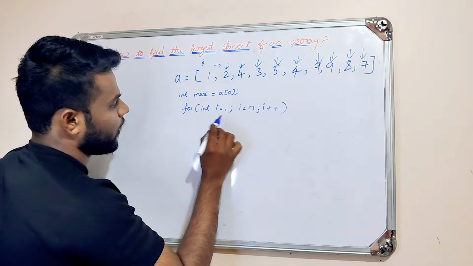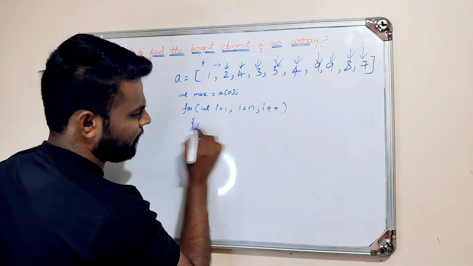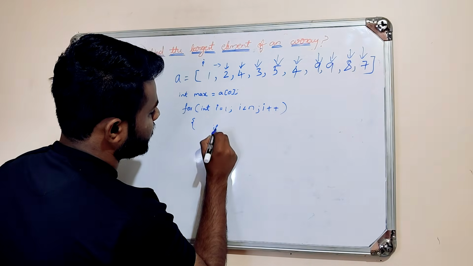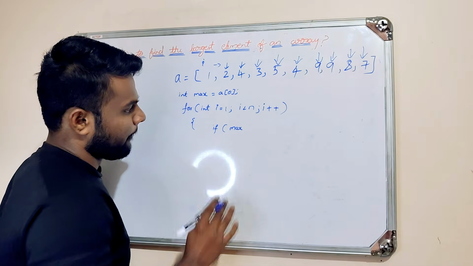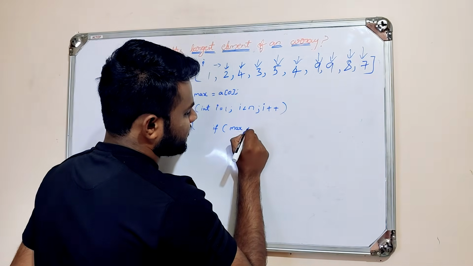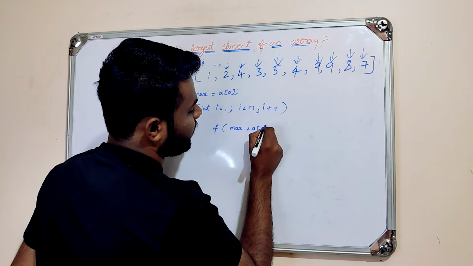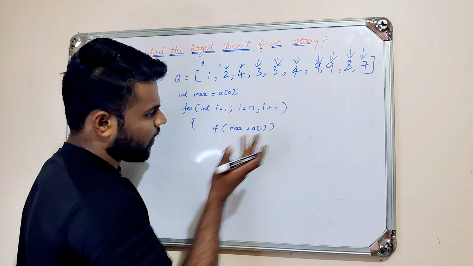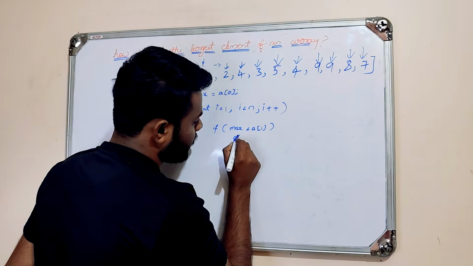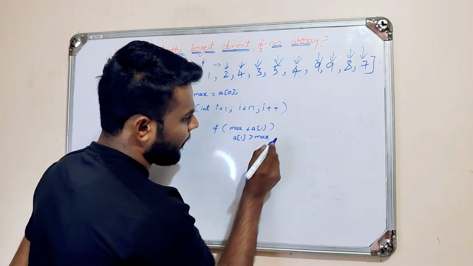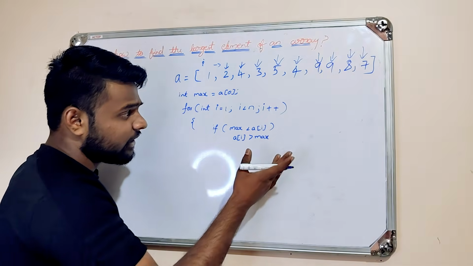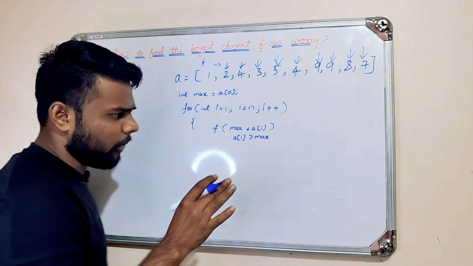Now how to find? Just one simple if condition. If max is less than array of i, or else you can say, if the element that has come, array of i, is greater than max, then you want to perform some operation.